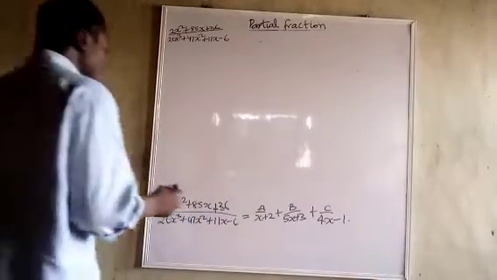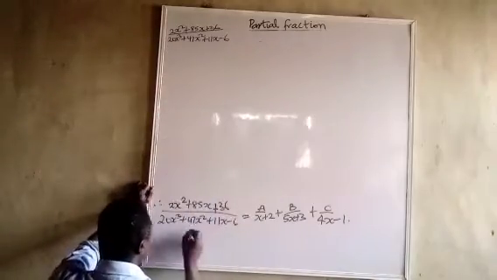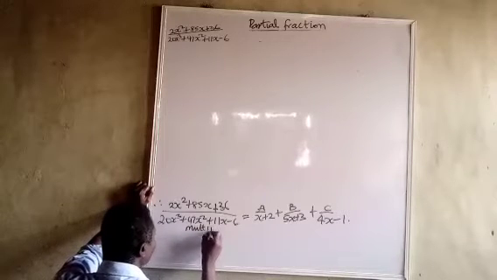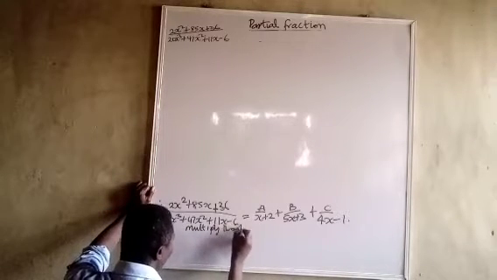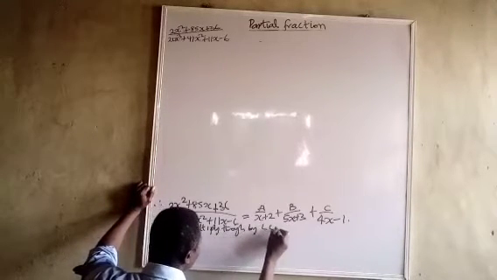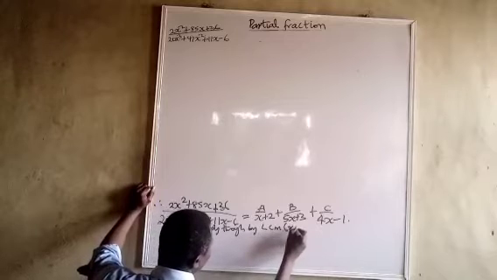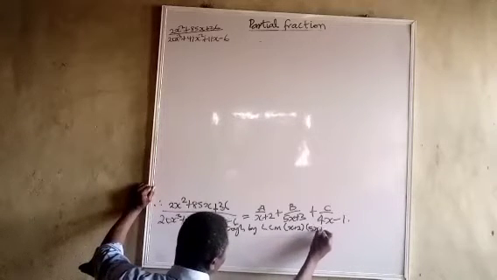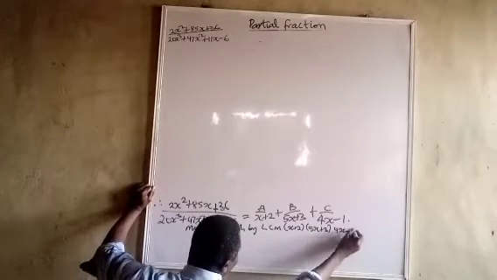Now let's multiply through by the LCM. Multiply through by the LCM, x plus 2 into 5x plus 3 into 4x minus 1.